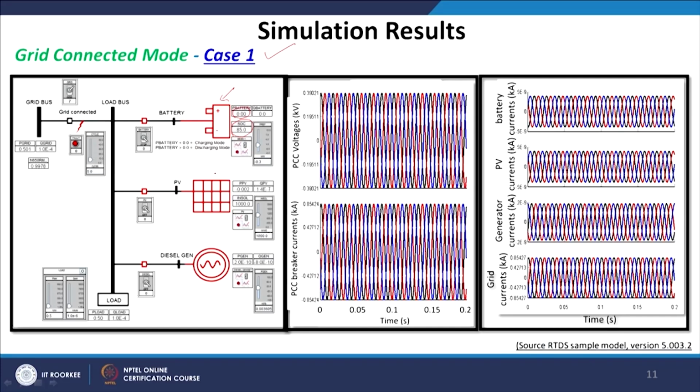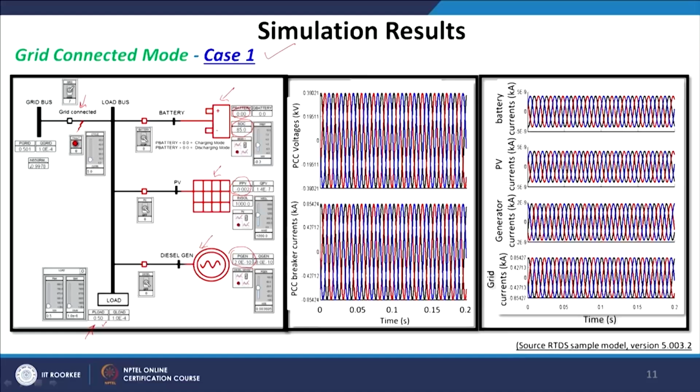Next, come back to your PV, which is also disconnected. You can clearly see the energy outcome is very close to 0. Similarly, the diesel generator is also not operating, and you can see negligible P generation of the diesel generator. But the load, you can see that 0.5 megawatt of real power is required by the load, and the grid has been connected.